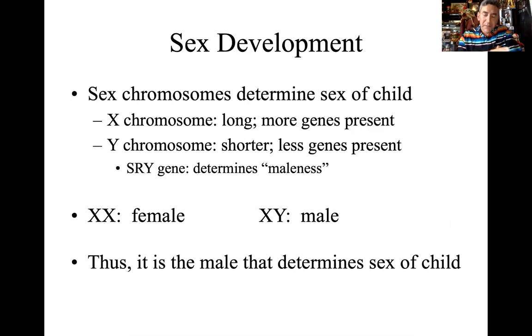So we begin our discussion now on the idea of sex development. Sex chromosomes determine the sex of the child. We've talked about this a little bit. We say that the female sex is the default sex. When we talked about steroids early in the semester, lipids, we know that steroids give a signal to increase testosterone, and then we start to develop into the male trajectory.